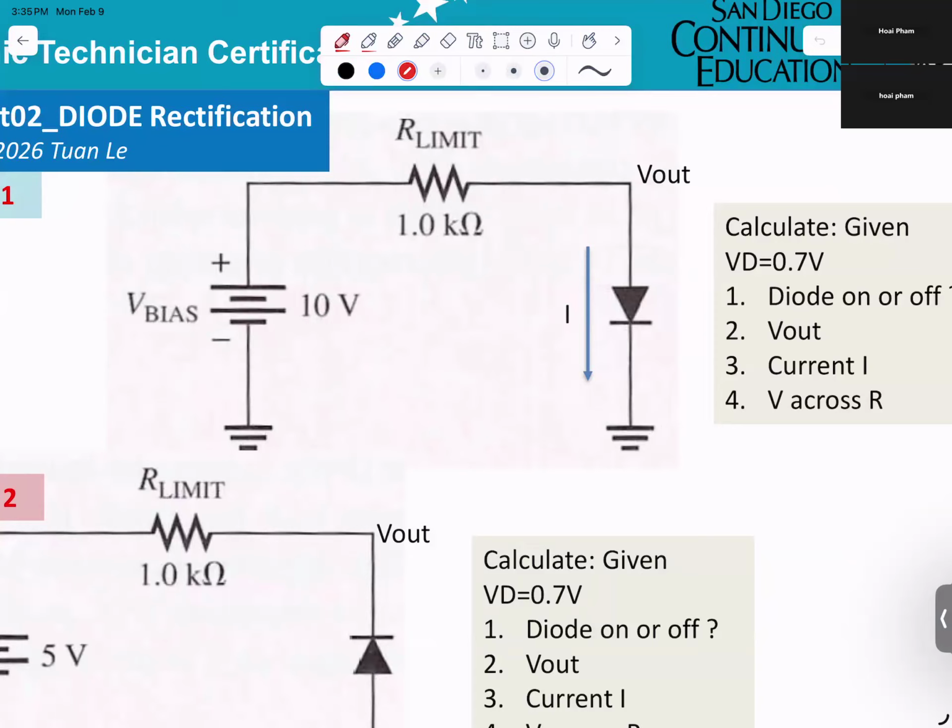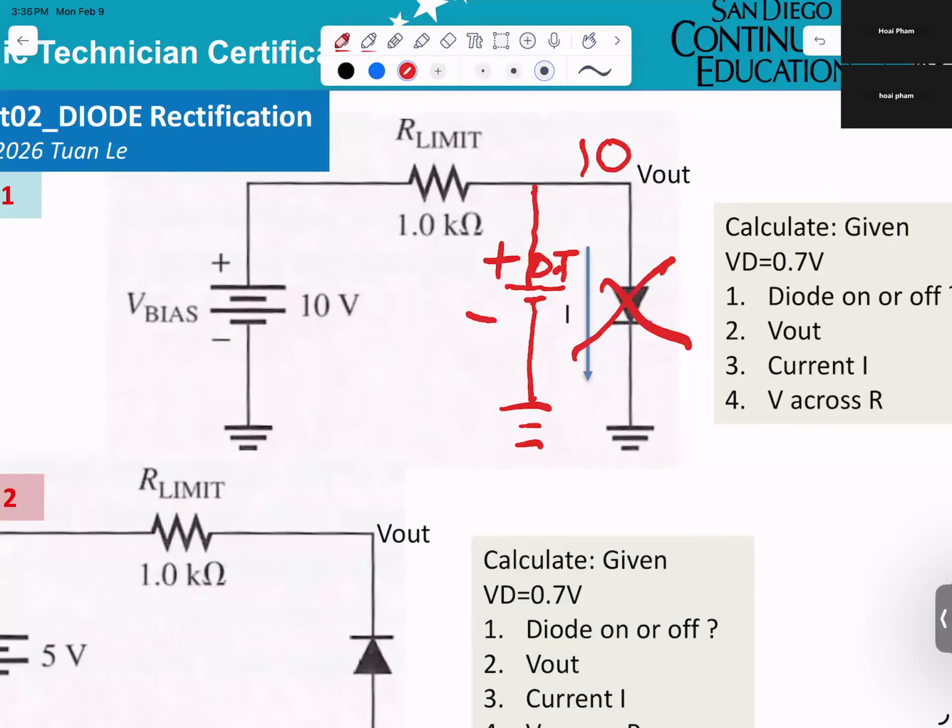So now, diode on. If you get 10 volt here, diode on. So now I draw the diode. Forget this guy. Substitute the diode by the battery.